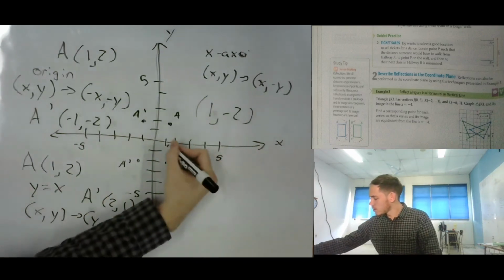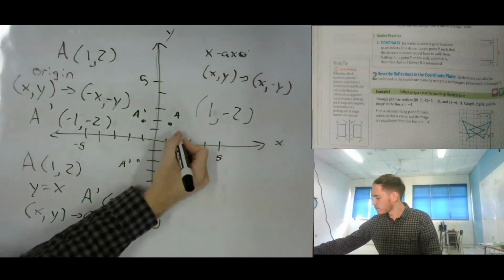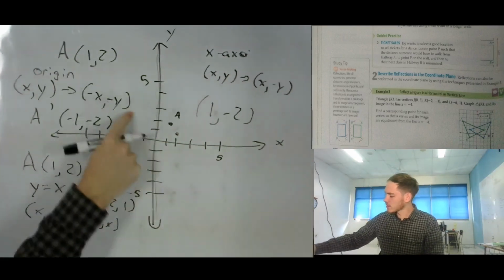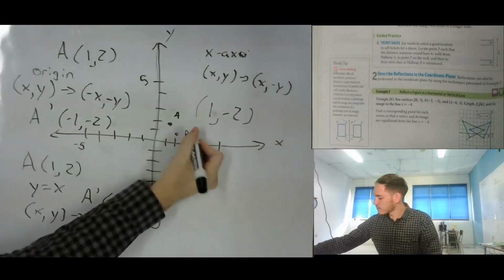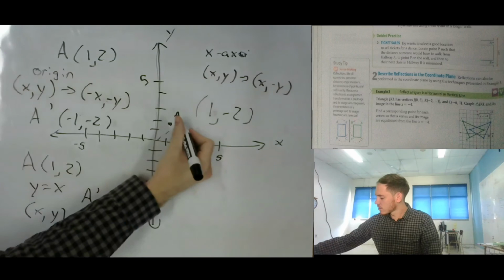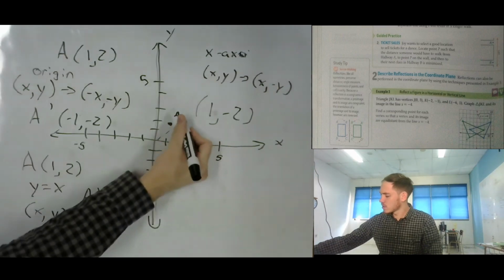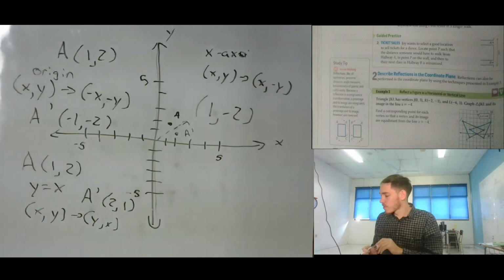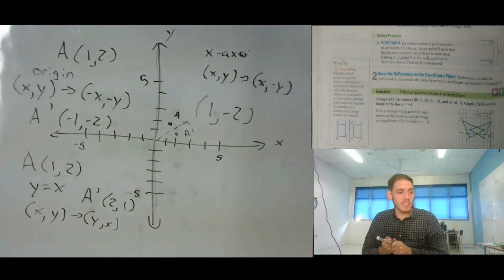Okay? So 2, 1. Okay? If we erase everything else, it's going to be right here. Okay, and it's over this line right here. Okay? It's over this y equals x line. Okay? So that's going to be transformations.